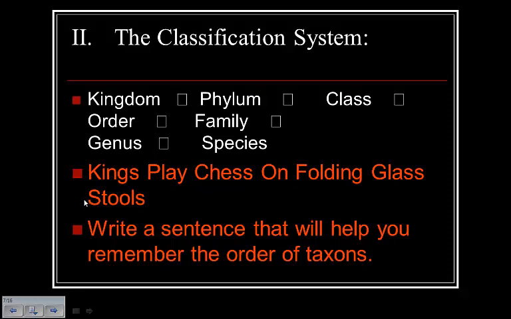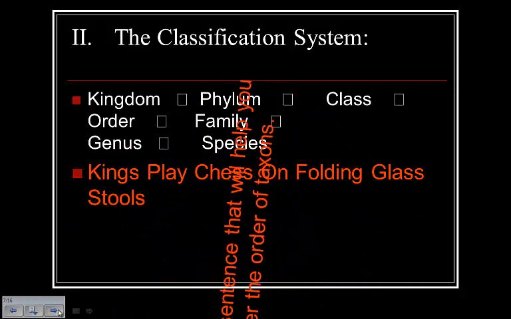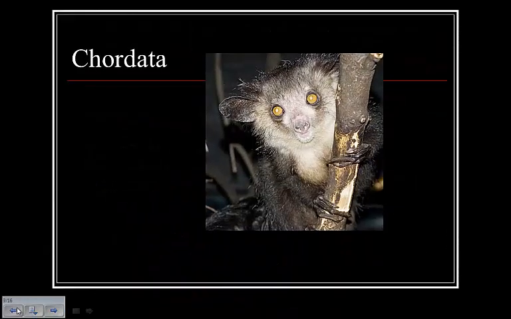I don't know about that one. I, of course, being Italian, like to use King Philip came over for great spaghetti, because, hello, I have great spaghetti. We'll use this little sentence to help you remember, and that always makes it fun.